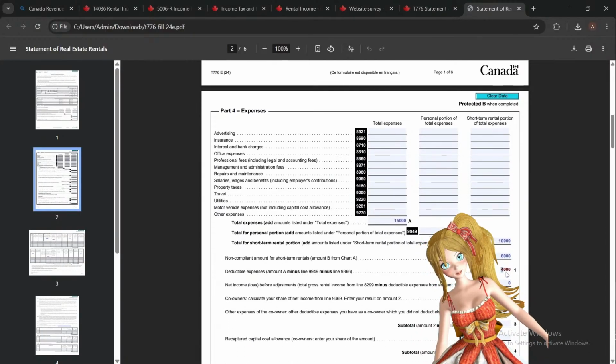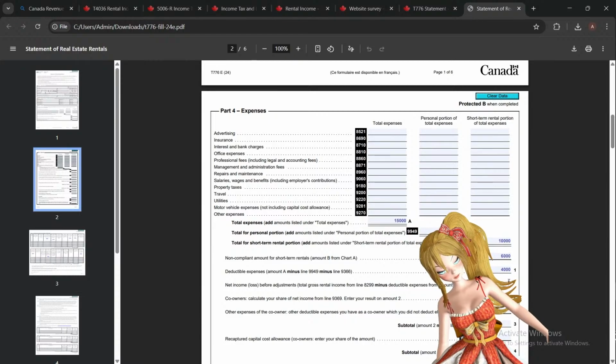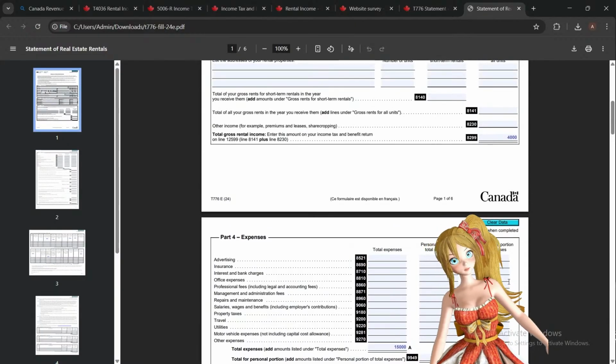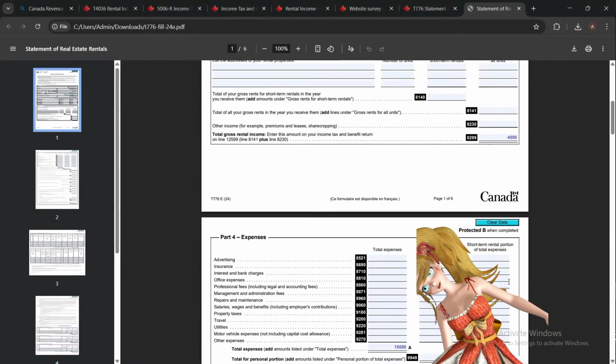Deductible, this minus that, 4,000. Net income, well, given to do. Okay. Why is the net income always zero? I'm very confused.